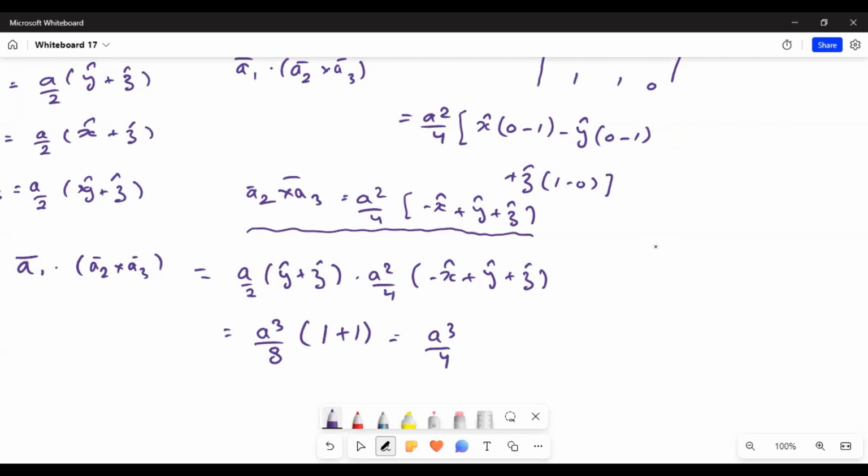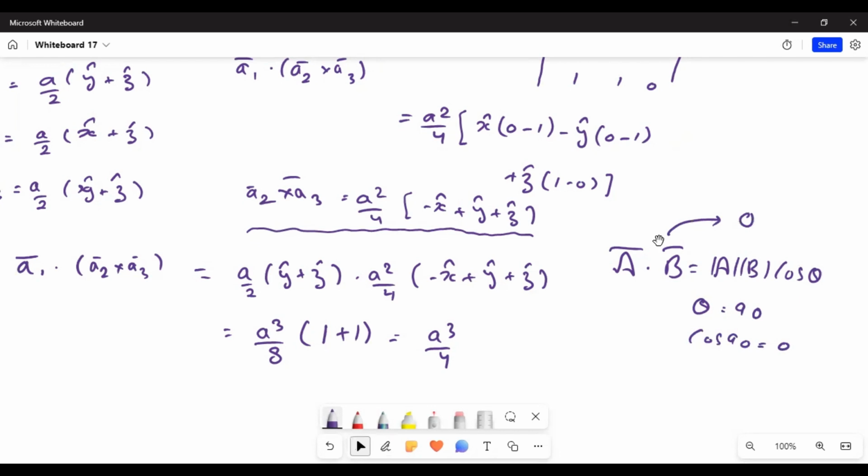Why is the dot product 1? This is because if there are two vectors, let's say A and B, the dot product is given as mod A, mod B, cos theta. And if theta is 90 degrees, they are orthogonal, so cos 90 is 0 and the dot product will be 0.